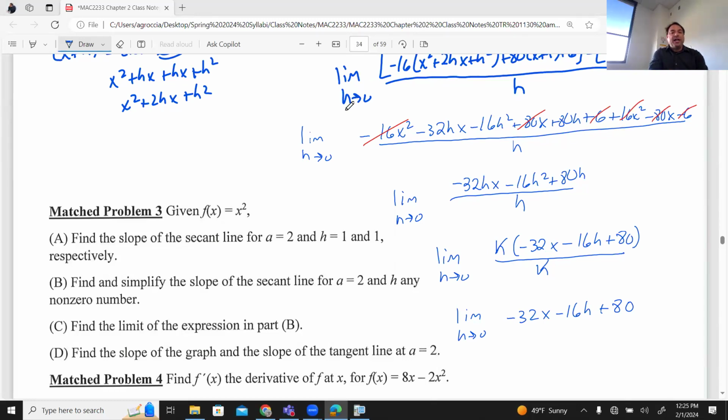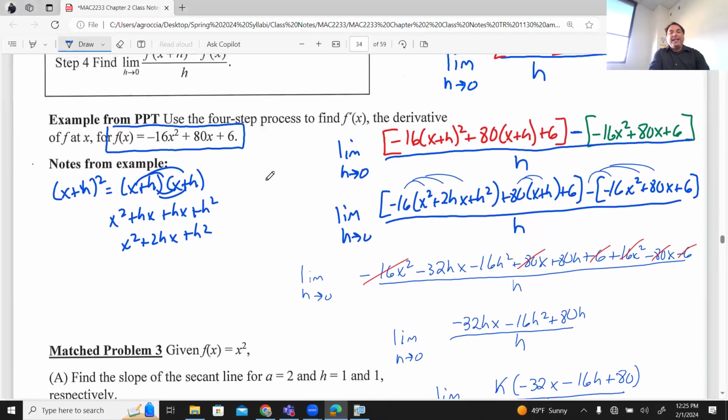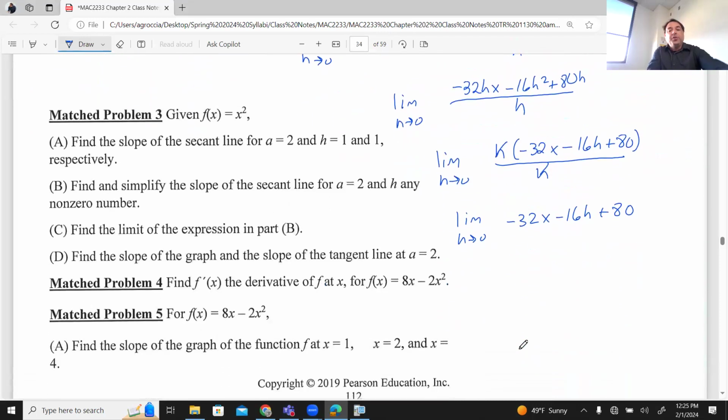Notice every single time I keep putting limit as h approaches 0. Why? Along the way, I can't plug in 0. It would be undefined. Until you get to the last step. Excuse me.